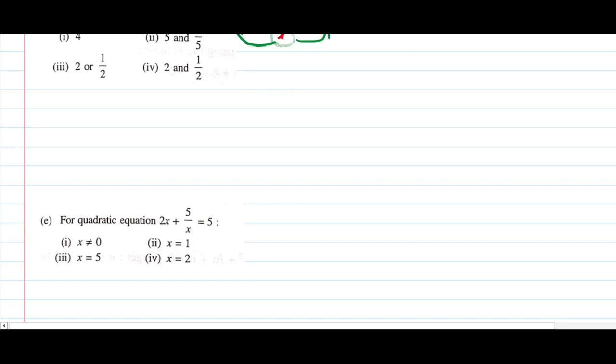We get x square plus 1 is equal to 2.5x. Then we take the 2.5x to the LHS, and this plus becomes minus.